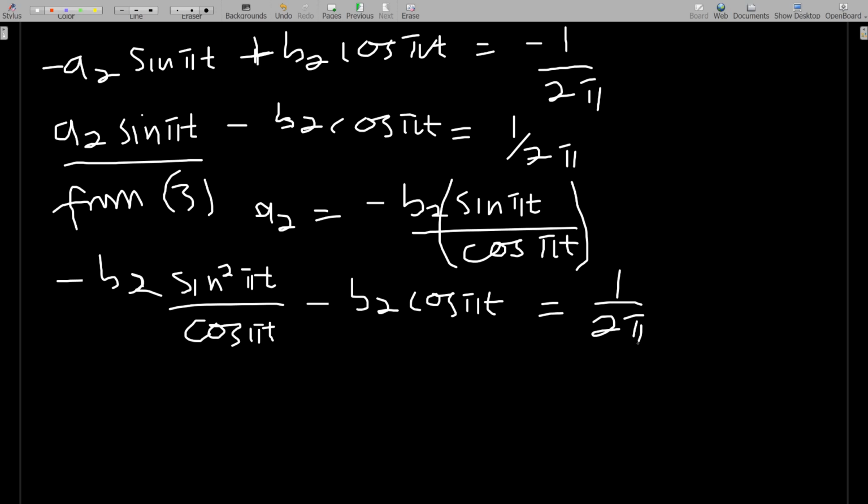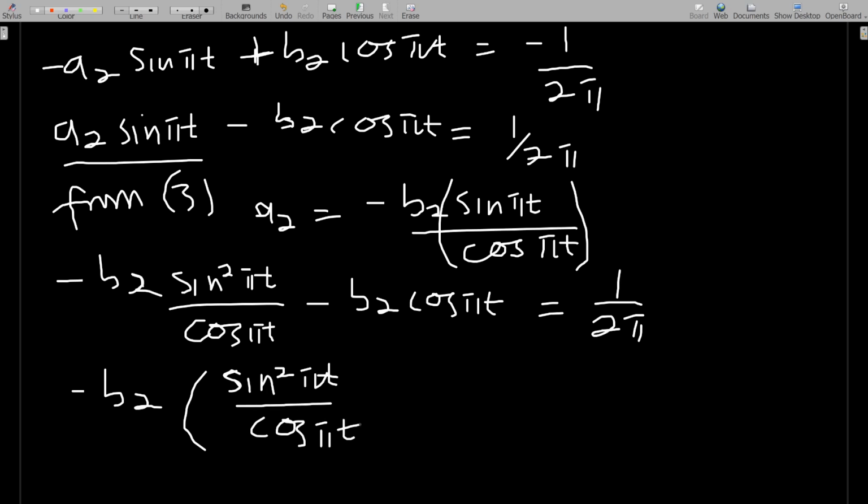So if I factor minus b2 out, I have sine squared pi t over cos pi t plus cos pi t, and this is equal to 1 over 2 pi.